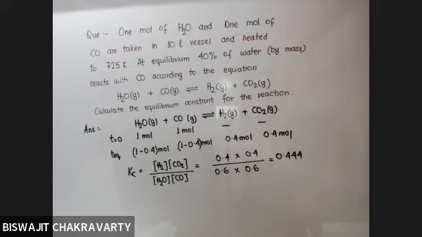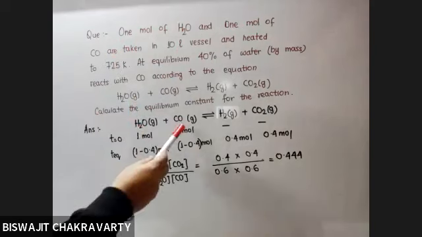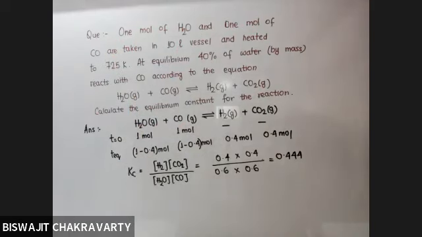Sir, you subtracted 0.4 here, can you say once more why 1 minus 0.4? It has been said that you start the reaction with 1 mole of water and 1 mole of carbon monoxide, and at equilibrium 40% of the water has reacted.